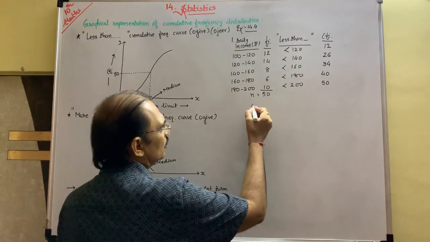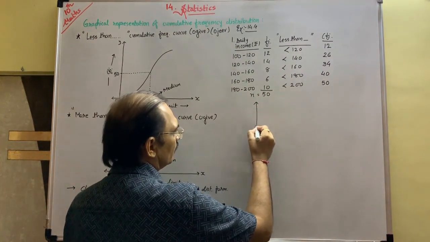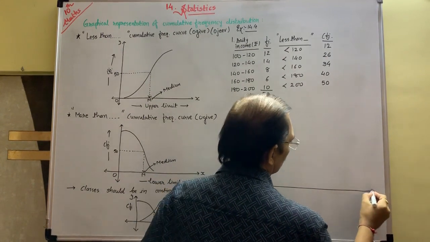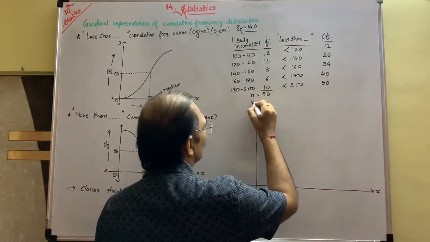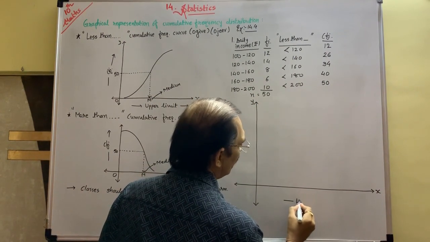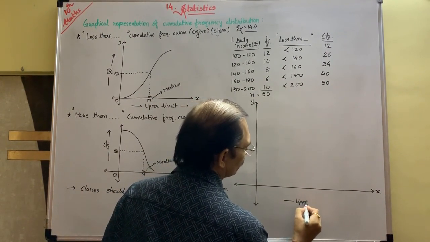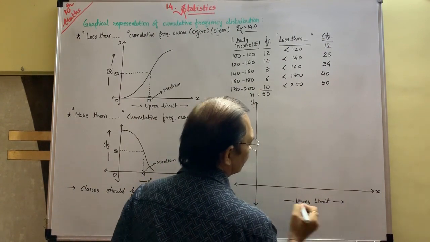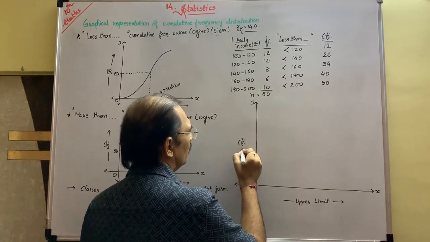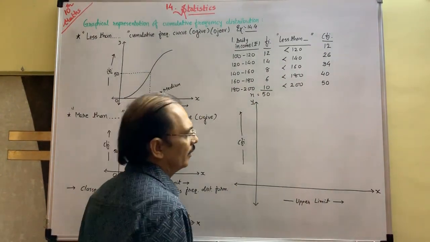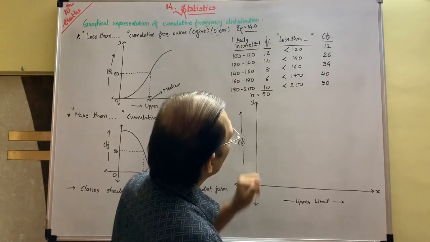To draw the ogive of less than type, you have to take upper limit on the x-axis and CF on the y-axis. See, upper limits 120, 140.